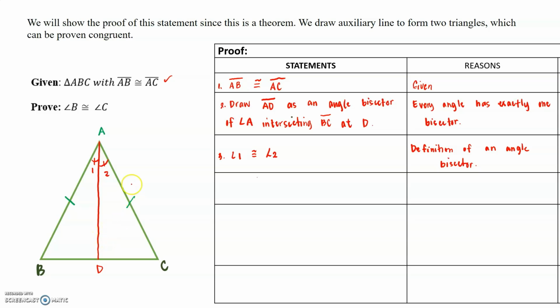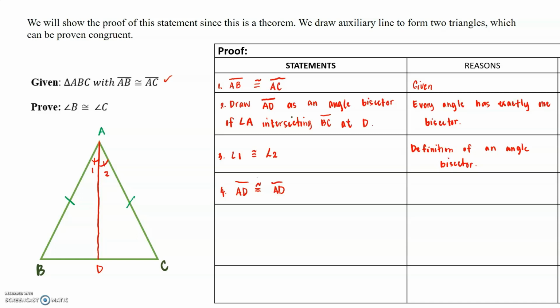Okay, there is a common side, and that side is side AD. So that will be our next statement. Let's say segment AD is congruent to segment AD, or segment AD is congruent to itself.